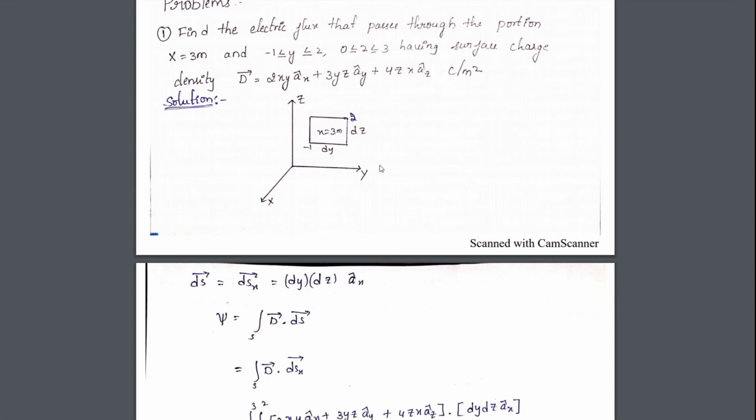Now you need to calculate flux here. So what is flux given by? You have derived it: psi is equal to the surface integral of D dot dS. D is given in the problem. Now dS you need to define. What is dS here? It is an area along what direction?